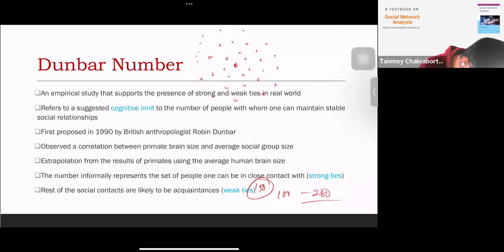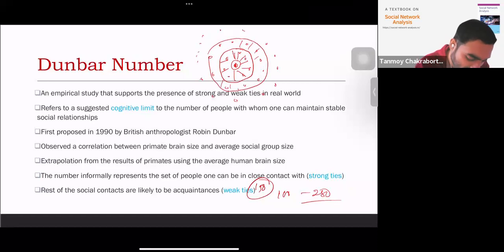So this is you. This first circle is your very strong ties. The second circle is a little bit weak. He mentioned that if you take the innermost circle and the next circle, that would encompass 150 friends very easily.